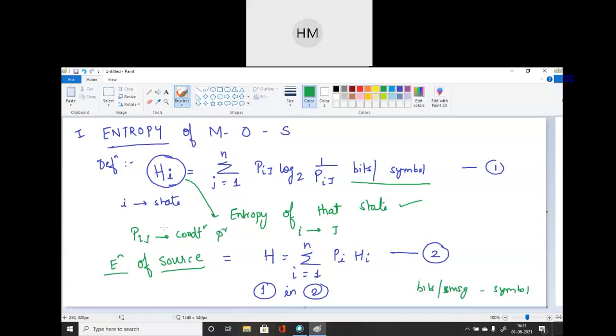So H is the total entropy of the Markov source. Now here what is Pi? This Pi is the probability that the source is in the ith state. If it is stable in the ith state, that is the Pi probability. Pi is the probability that the source is in the ith state. Clear? So should I move ahead?